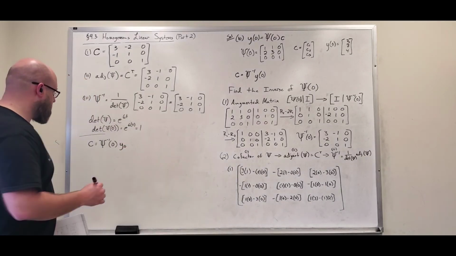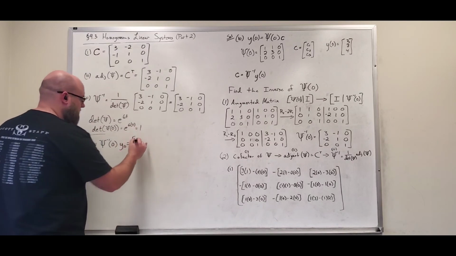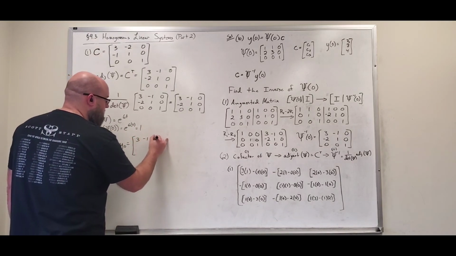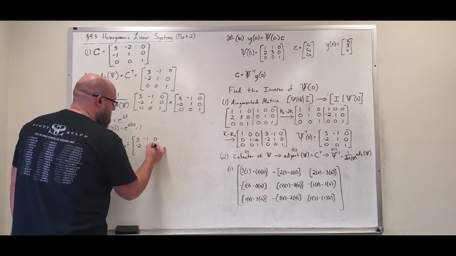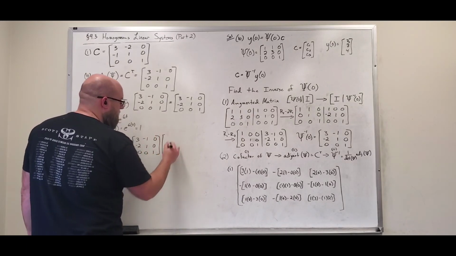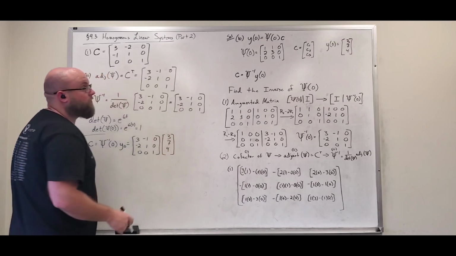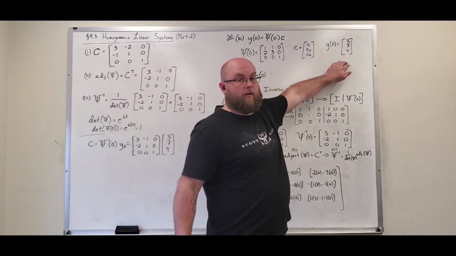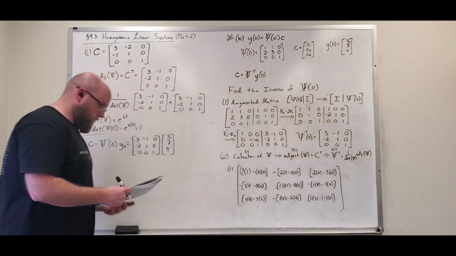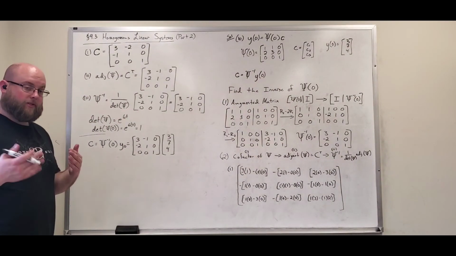From either way that we did this, we got 3, negative 1, 0, negative 2, 1, 0, 0, 0, 1 times 3, 7, 4, which are those initial conditions that we had here. And now all we have to do is multiply this out, and this will give us C1, C2, and C3.